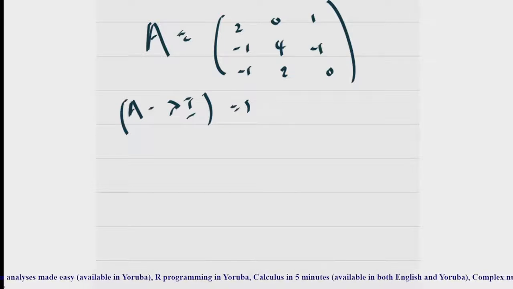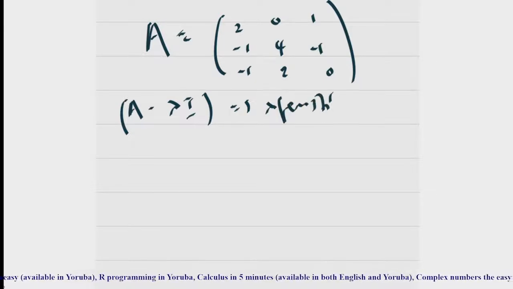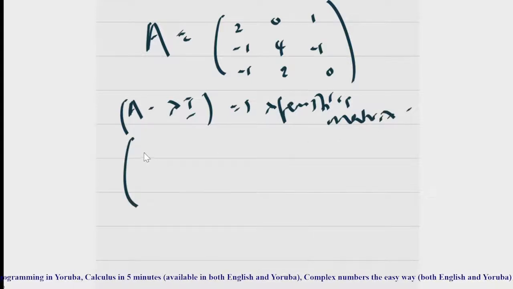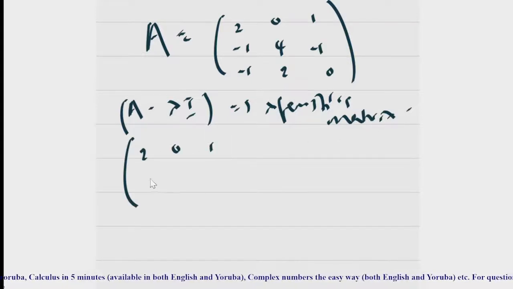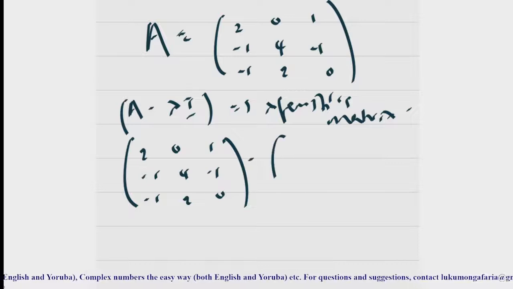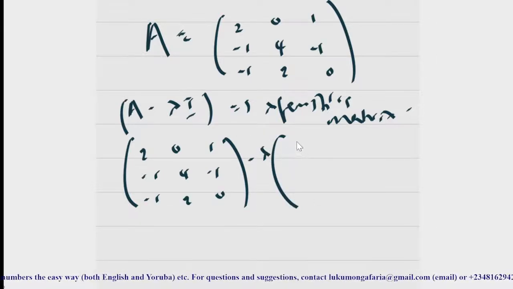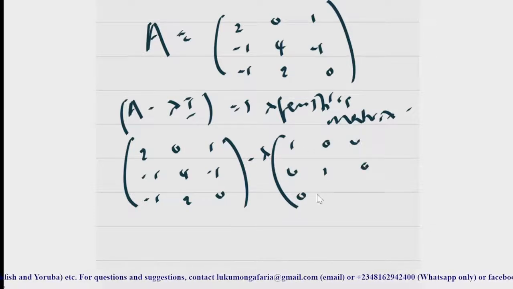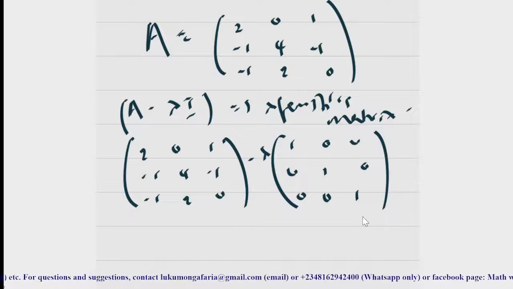Let me rewrite it, characteristics matrix. So then I'm going to have 2, 0, 1, minus 1, 4, minus 1, minus 1, 2, 0, then minus lambda times I, where your I here is 1, 0, 0, 0, 1, 0, 0, 0, 1, since this is a 3 by 3 matrix.